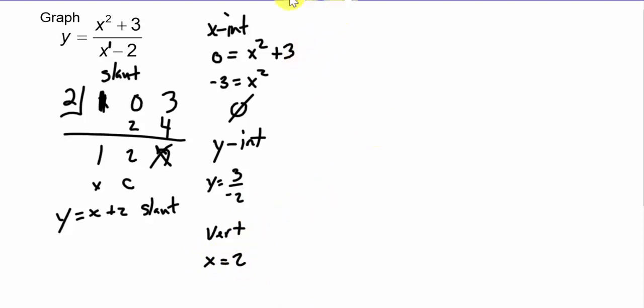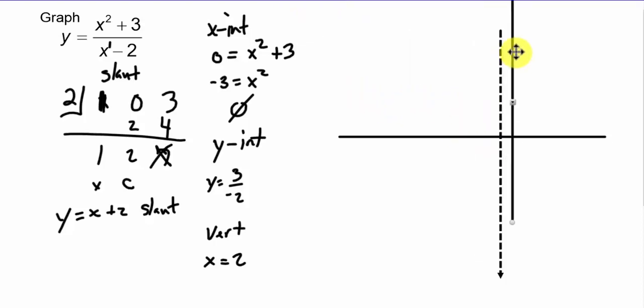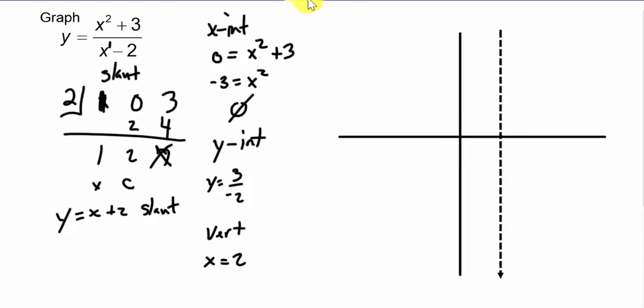Again, we're going to set up our axes and draw in our asymptotes. We have a vertical asymptote at x equals 2. Let's call that right here. And then we have a slant asymptote, let's start at 2, let's say, go this way, and clean that up a little bit by extending it.